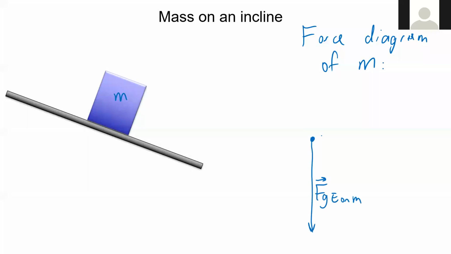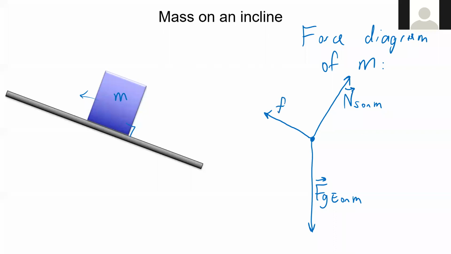We have the normal force, which will be perpendicular to the surface, so that'll be at an angle, the force of the surface on M. We can put an arrow in there. The other thing we're going to have, if it's moving or even if it's not moving, is a friction force pulling it backwards. I'm going to draw that. The friction force is always perpendicular to the normal force, because the normal force is perpendicular to the surface and the friction force is parallel to the surface.